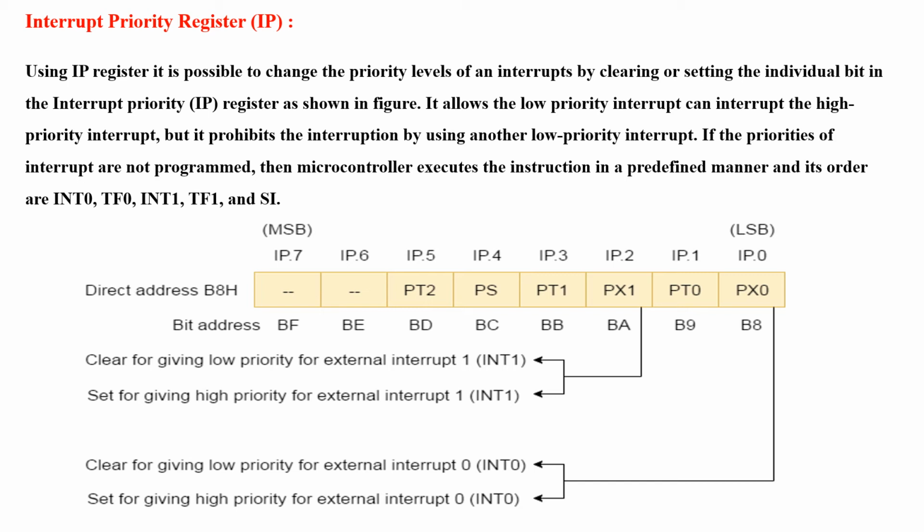IP.2, where X indicates external interrupt, is cleared or set for the priority of external interrupt 1.